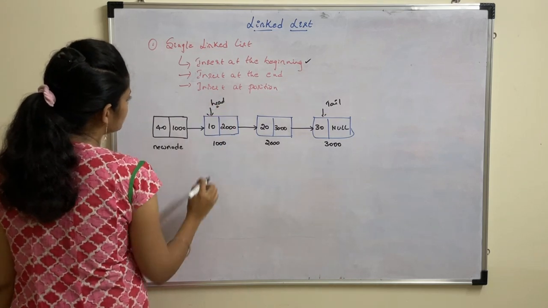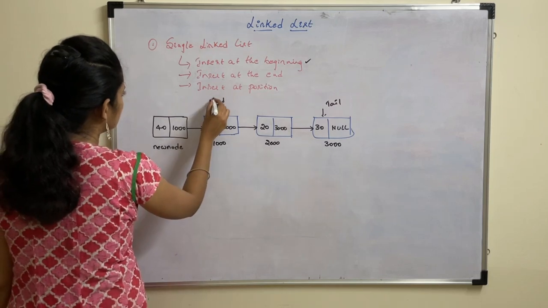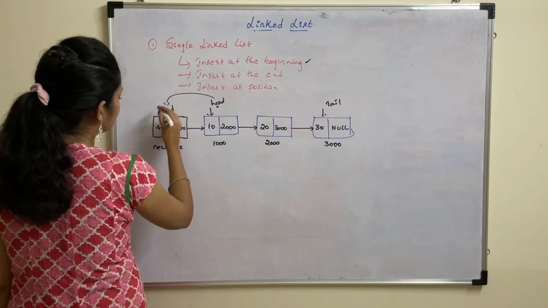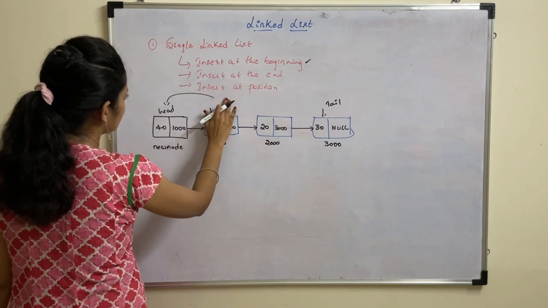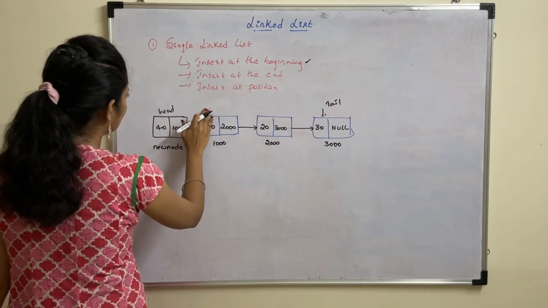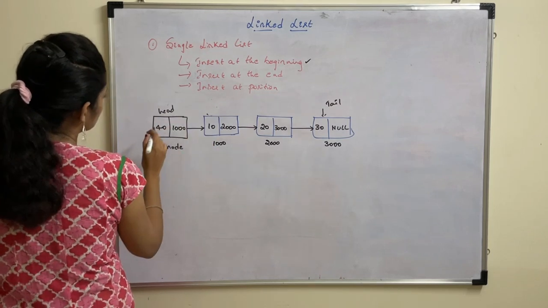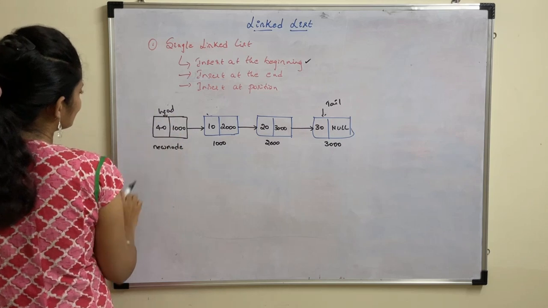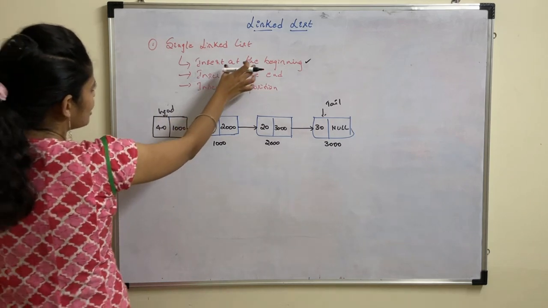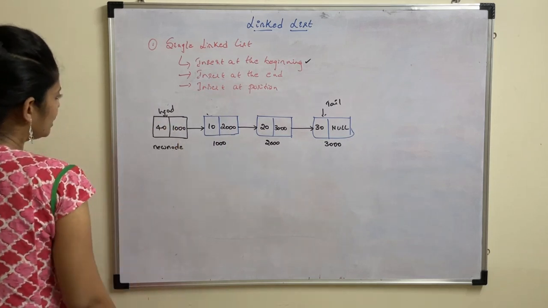Head should always point to the first node. So move this head from the second node to the first node. Now as head is pointing to the first node, we can consider this as the first node, right? That is nothing but insertion at the beginning.